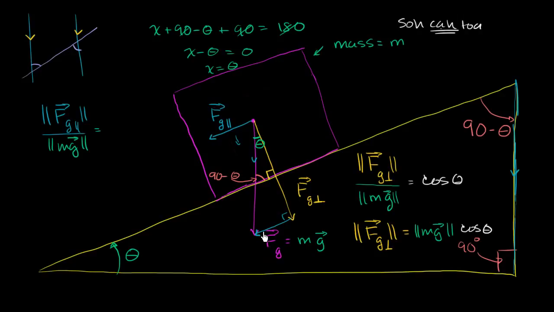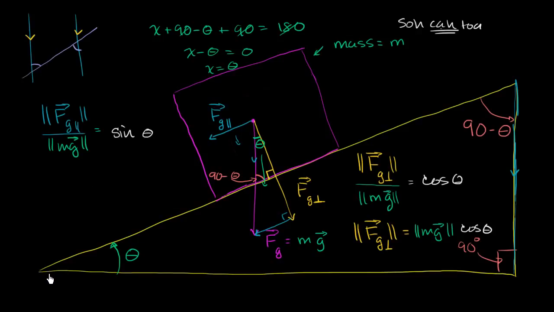The blue stuff is the opposite side to the angle, and this magnitude of mg is the hypotenuse. So you have opposite over hypotenuse. Sine of an angle is opposite over hypotenuse. So this is equal to the sine of theta.